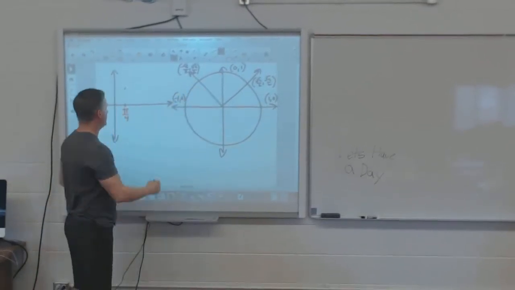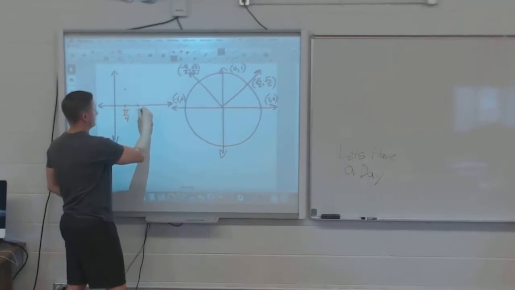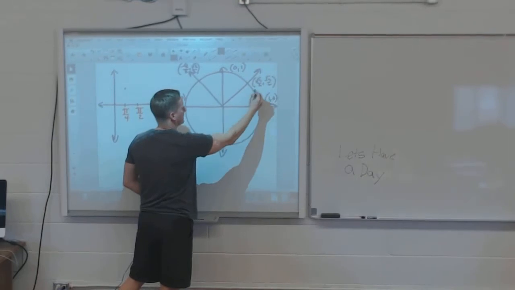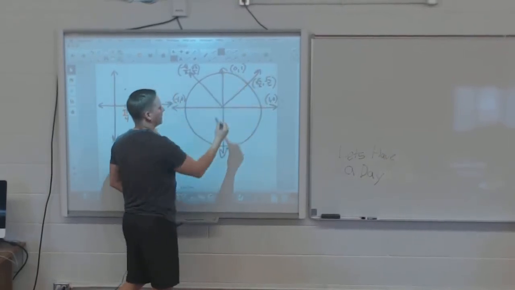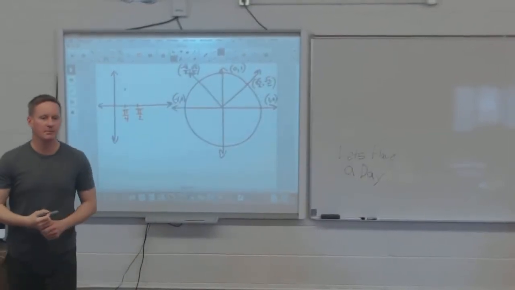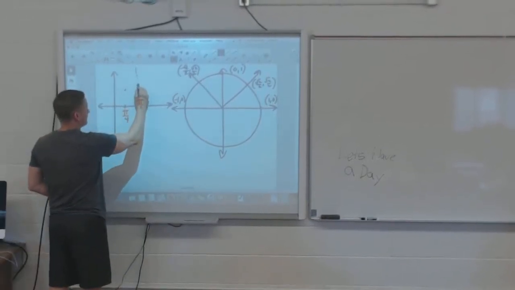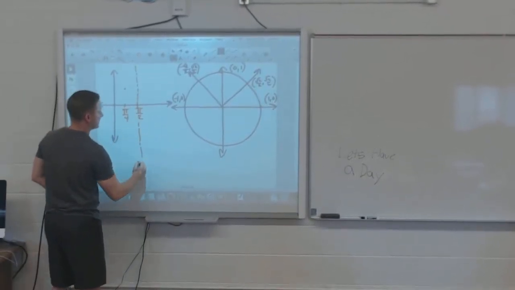Add pi over 2. So up here, so far I've done this dot, and now this one. What is 1 over 0? It's undefined. So I draw an asymptote right there.